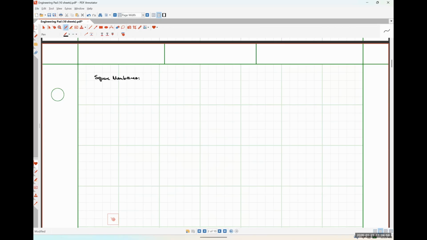So for a square membrane, get this guy out and just draw kind of a square here. I'm going to put some dashed lines through this guy so we can develop a bit of a coordinate system. And I'm just going to use a Cartesian coordinate system.